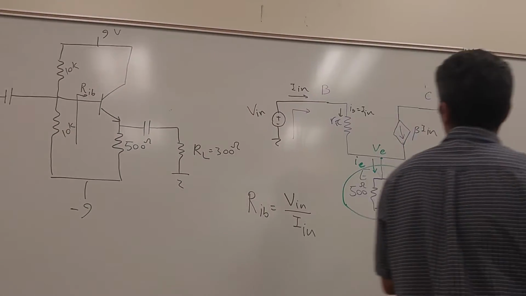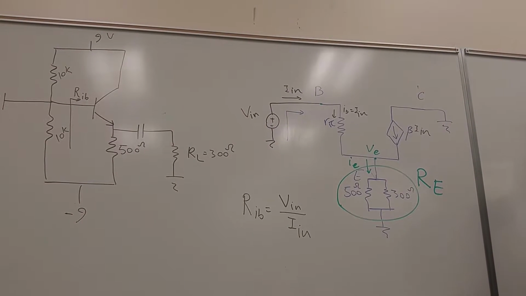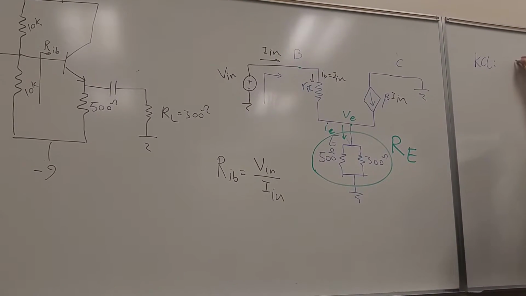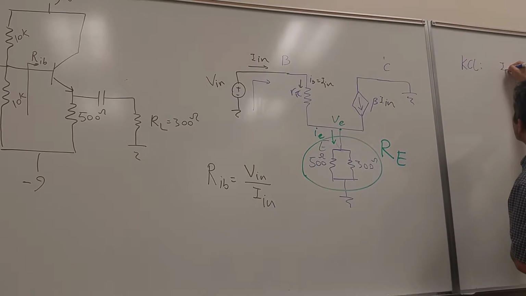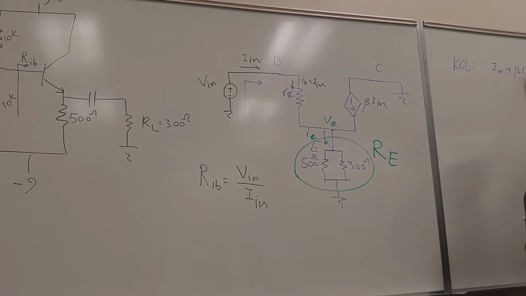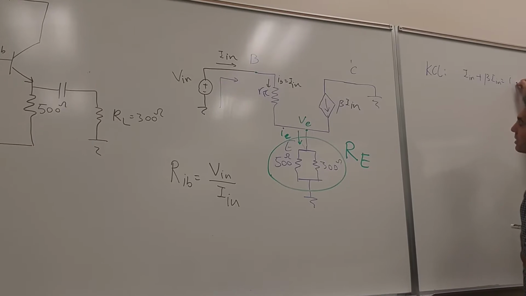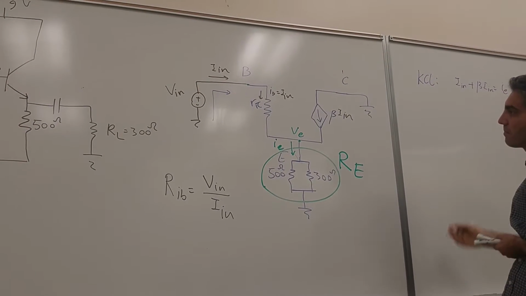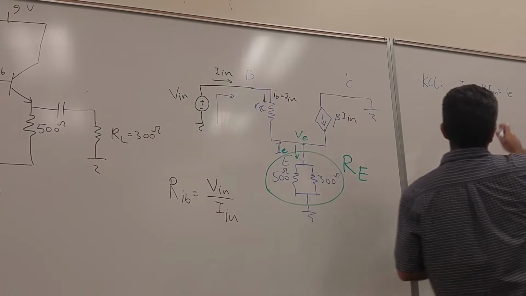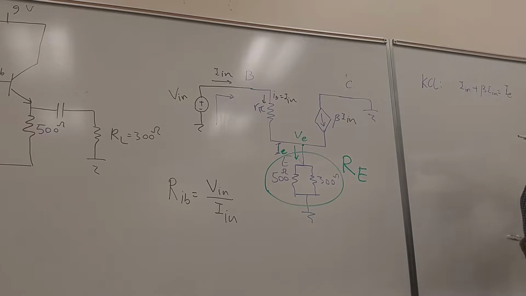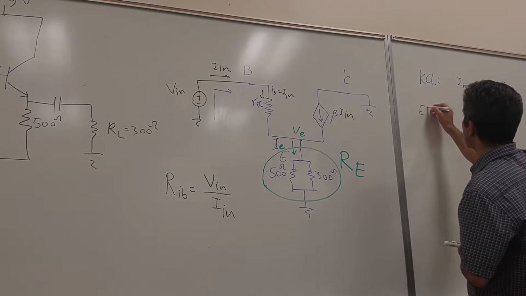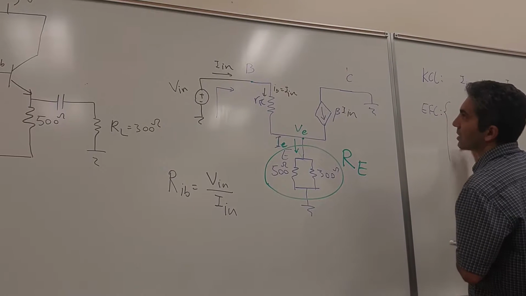Now I'm going to start writing all the equations. We have a KCL. KCL is I in plus beta times I in is equal to IE. Be consistent, I'm going to use capital. Doesn't matter. Then the equations for components.